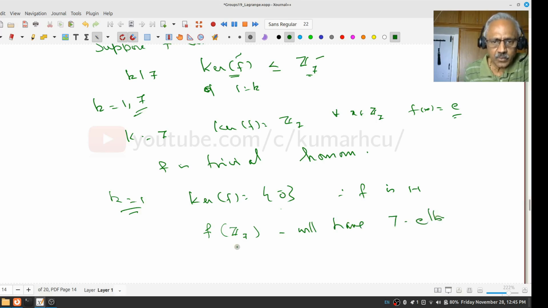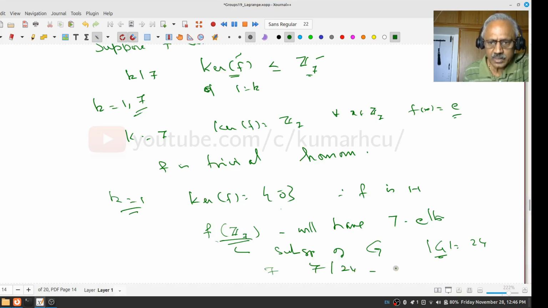And what we know, this is a subgroup of G. How many elements are there in G? 24. Now this is a subgroup of this group. Therefore, the number of elements of this, namely 7, must divide 24. That is absurd.